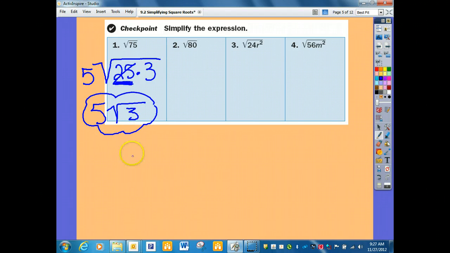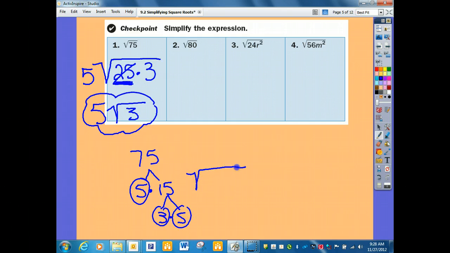Now, if you did the factor tree, 75. A lot of people are going to do what when you start with 75? Take 5 into it. 5 times what? 5 times 15. Okay, the 5 is prime. And then I can break this down to 3 times 5. And those are prime. So now I would put those all in my radical sign, and I'd have 3 times 5 times 5.